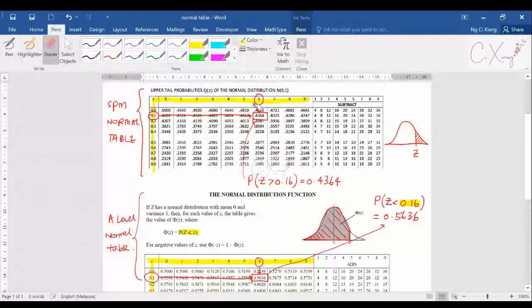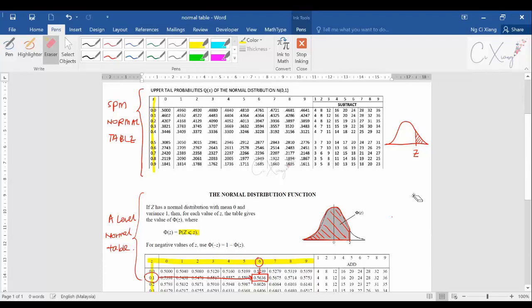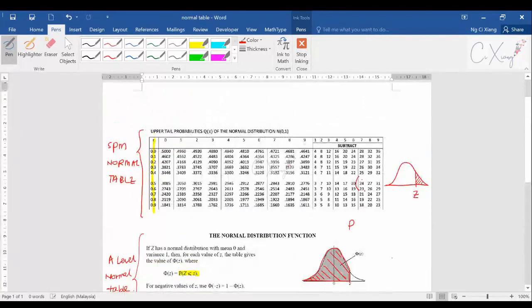Okay, so I hope that you can see the table now. All right, so I erase all this first. Alright, so just now what they want is 0.345, right? Okay, I'm looking for the probability smaller than 0.345.